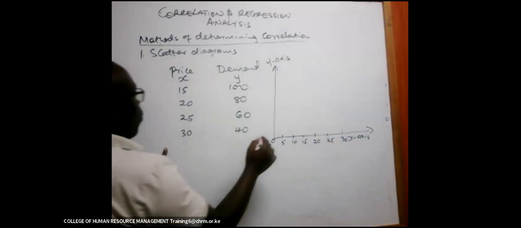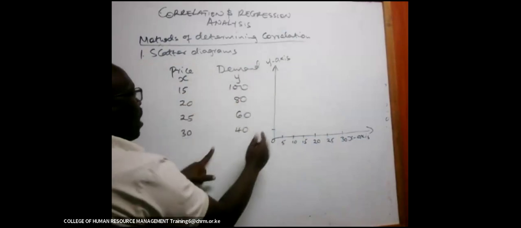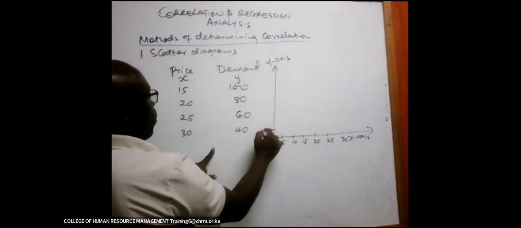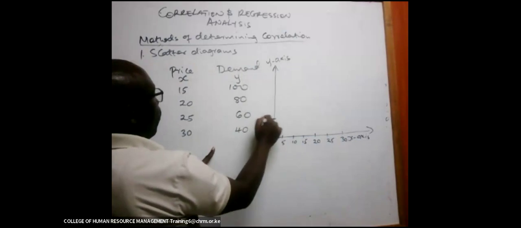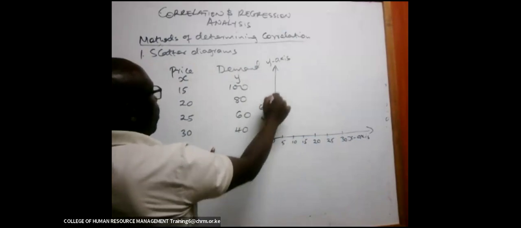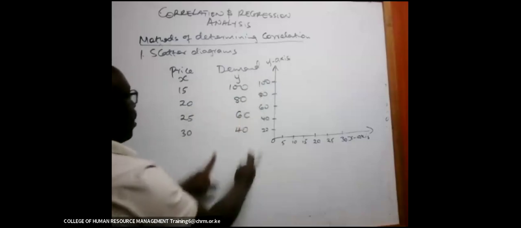That is your x-axis where the values of x are captured. On the y-axis, you have your y values, for example, 20, 40, 60, 80, and 100.